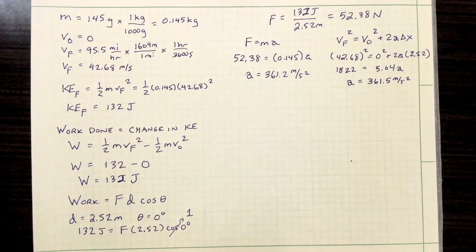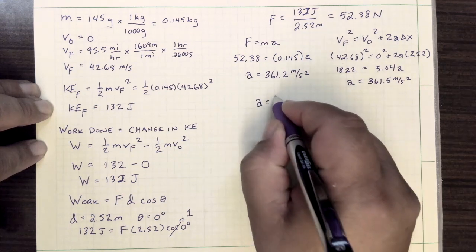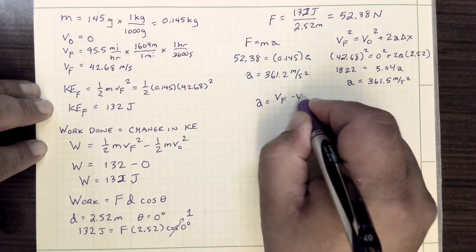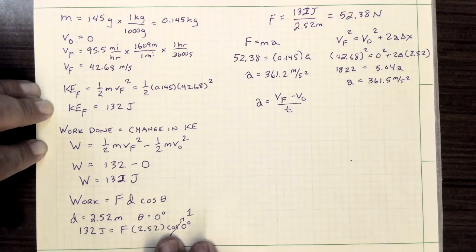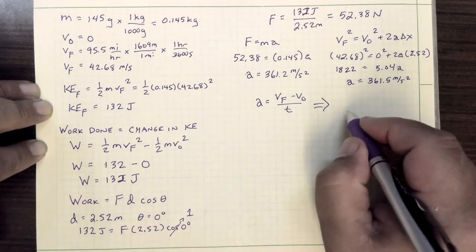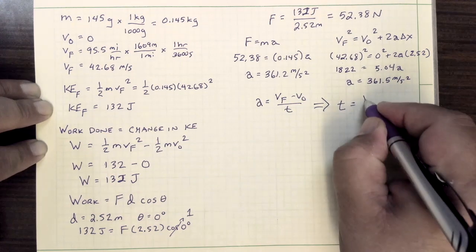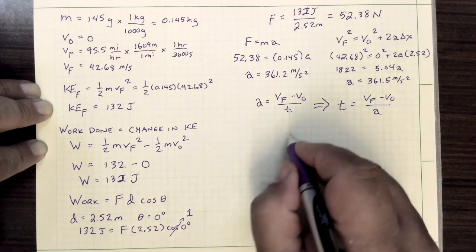Finally, we are asked, how long is the ball in the pitcher's hand? And to calculate that, we can use the definition of acceleration itself. That acceleration is the change in velocity over time. Turning that equation around, we see that time is then the change in velocity over acceleration.